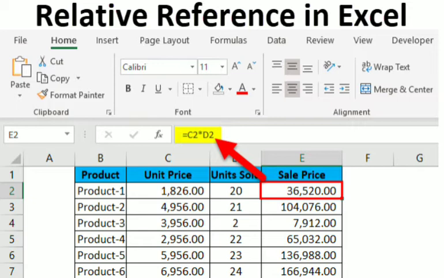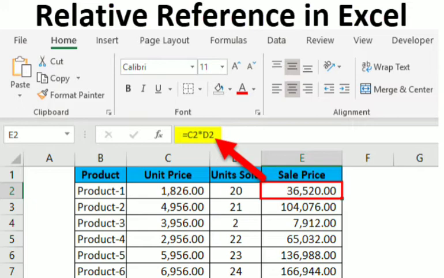In Excel we have one option. We can just drag the formula down to product 6 to find the sale price of each product, which means we are copying the formula from cell E2 down to E7.